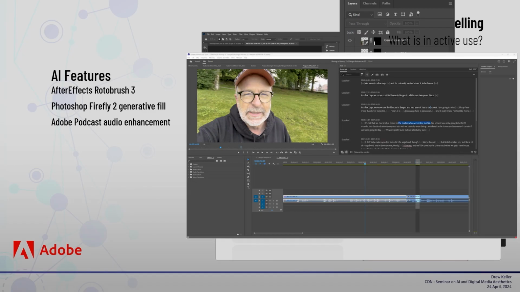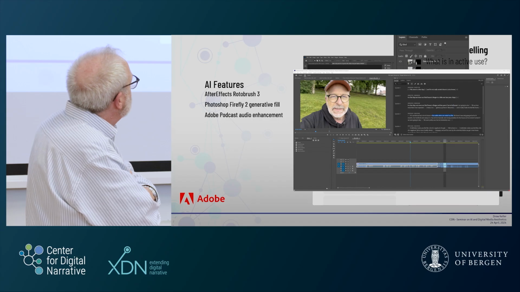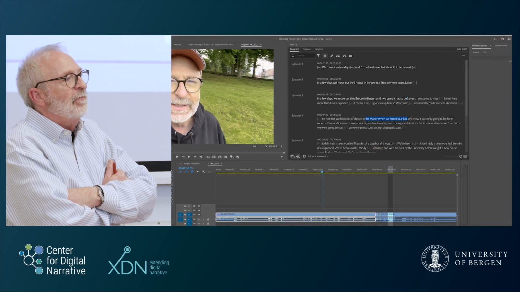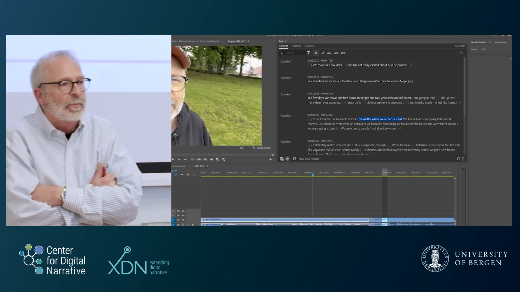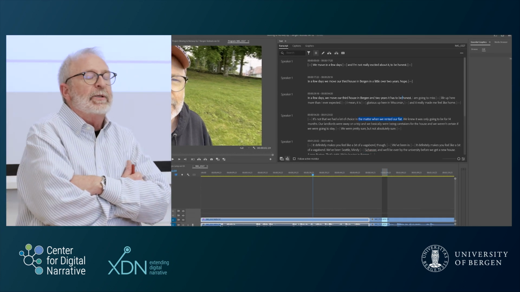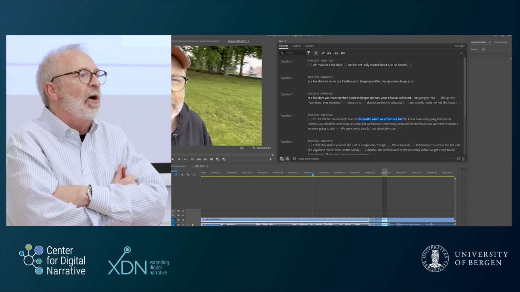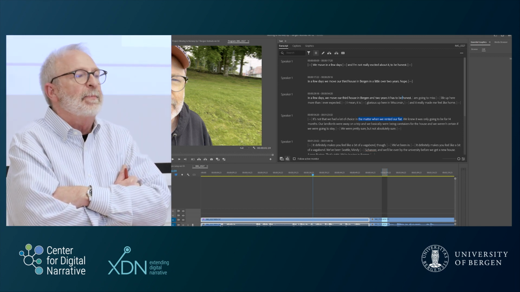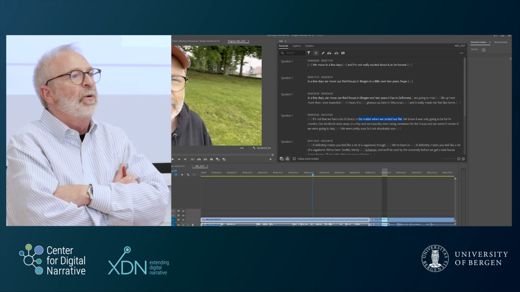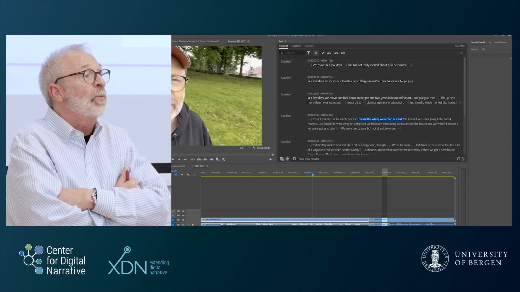The other thing that almost all of the applications have, not just Adobe and Resolve, is the ability to edit video the way you would edit word processing, where it uses a speech-to-text engine and transcribes all of your media. It then comes up in paragraphs, and you start moving things around the way you would in a word processor.